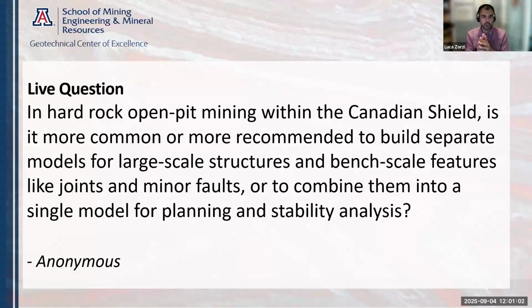But if we're talking about the example of design, the idea is to highlight all the structures that could have an impact on the design. And so that would entail large-scale structures and secondary structures as well. Now with the joints, it depends on the case.